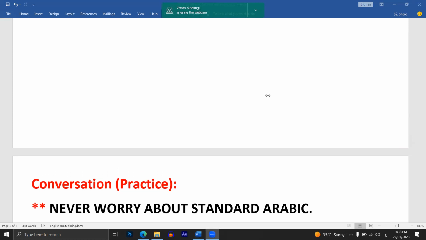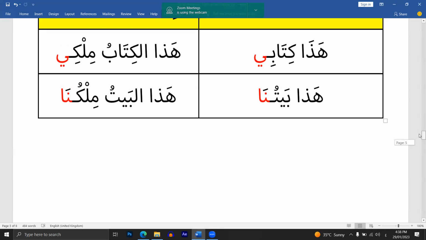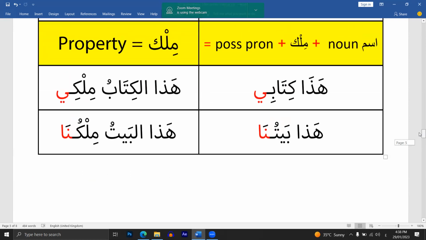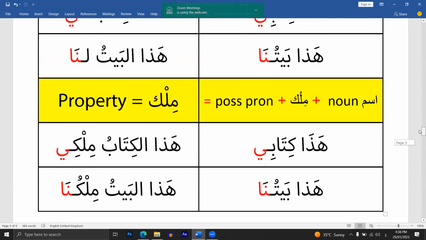Okay, Mrs. Dia. When it will be milk, can it be milka, or is it always milki or milku? I don't get the question. I mean, in هذا الكتاب ملكي, the kaf is taking kasra.